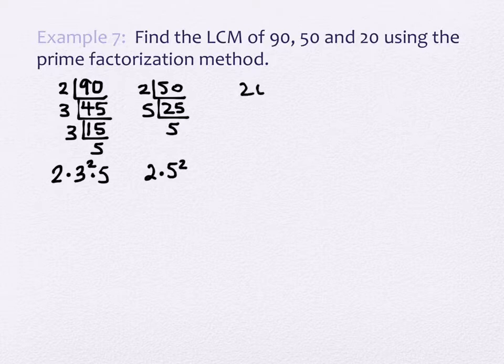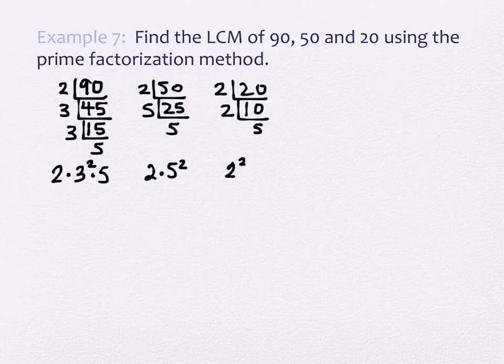The last number is 20. 20 divides by 2 to give me 10. 10 divides by 2 to give me 5. And so this prime factorization is 2 squared times 5. So far we have not done anything different in this problem than we've already been doing before, right? Exactly the same.